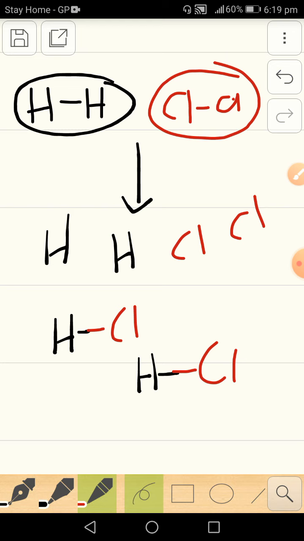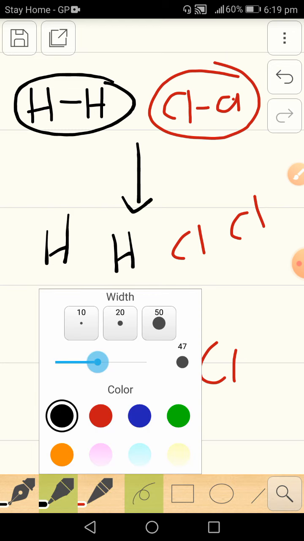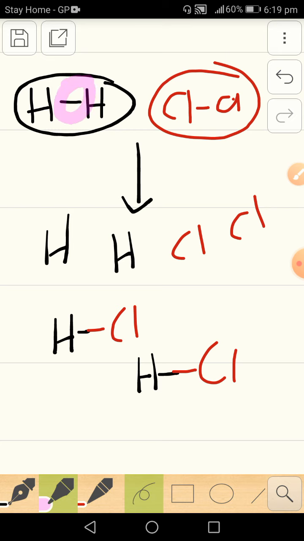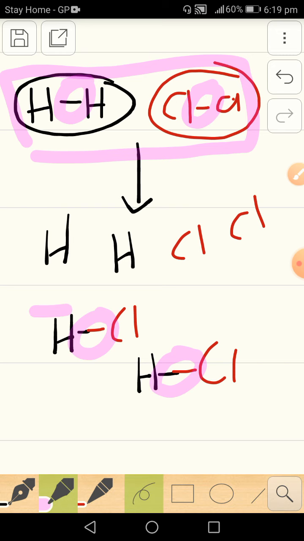Look here, the hydrogen bond and the chlorine bond are broken, and HCl, that is the bond between hydrogen and chlorine, is formed. So this is what we mean by a chemical reaction: older bonds are broken and newer bonds are formed.